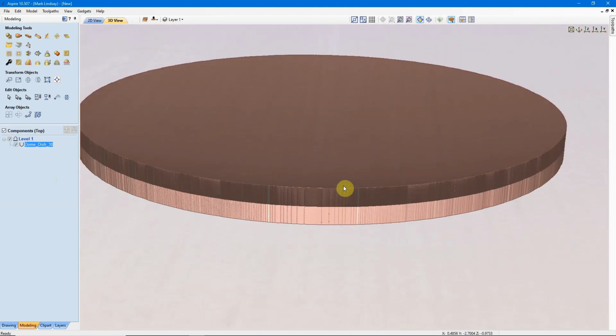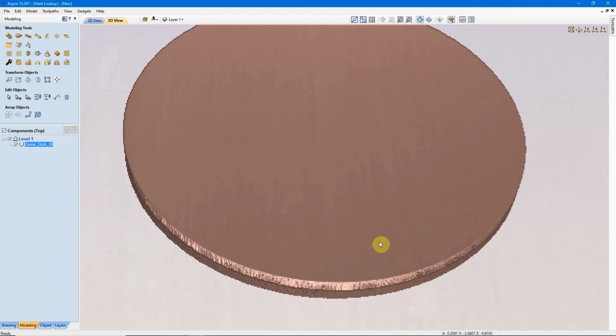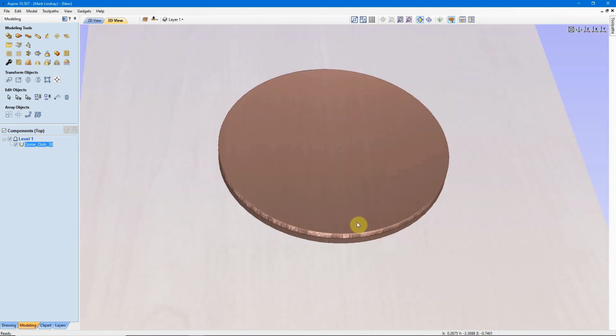Zero plane is a visual representation of the surface of the material that this model is being carved into. So, again, remembering that Aspire and VCarve both model from the bottom up, we would place a zero plane above this model.